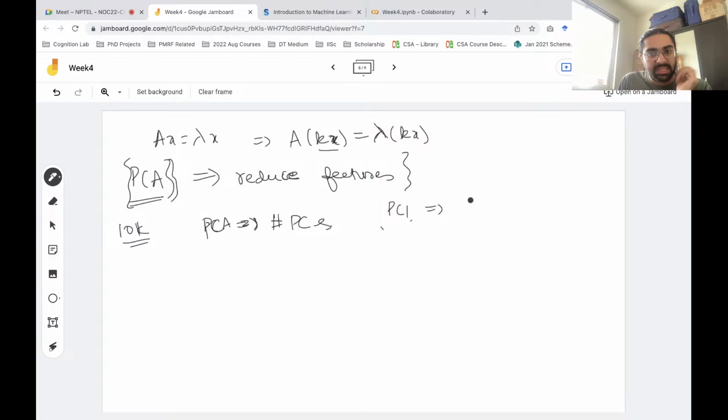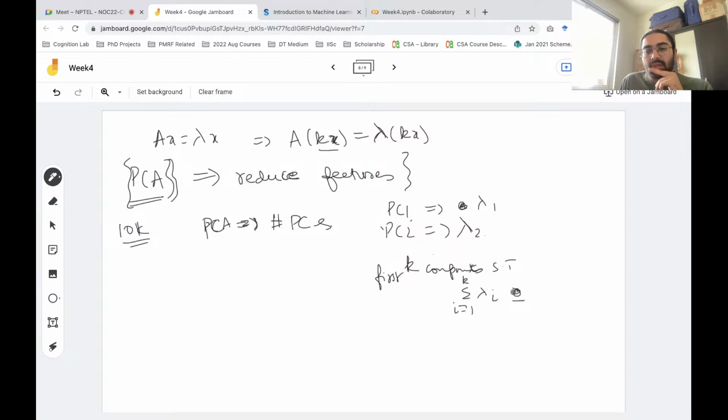So what you can do is look at some kind of threshold. I will choose the first k principal components such that the summation of these λi, i equal to 1 to k, meets some threshold.